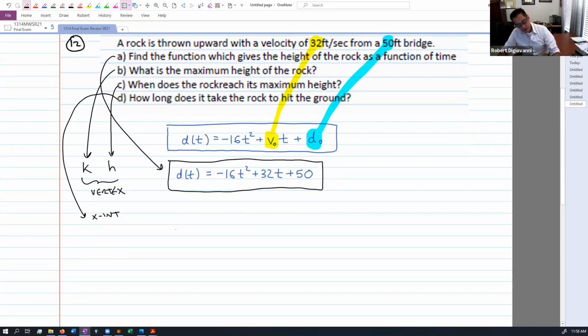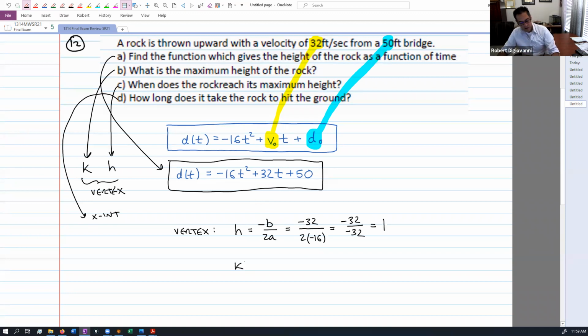So to get the vertex, I first calculate H, which will be -b over 2a. That's that same formula again that you'll need. For us, b is 32, so -32 over 2 times a, which is -16. So you get -32 over -32, which is 1.